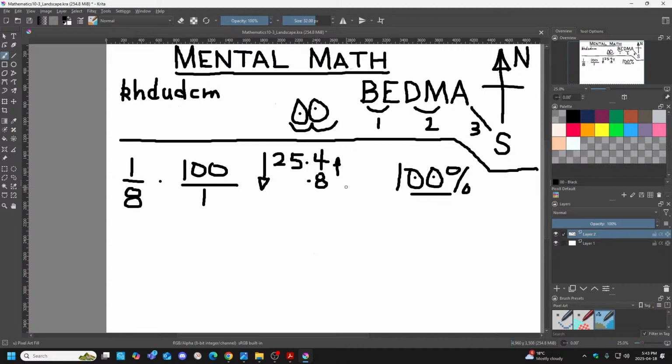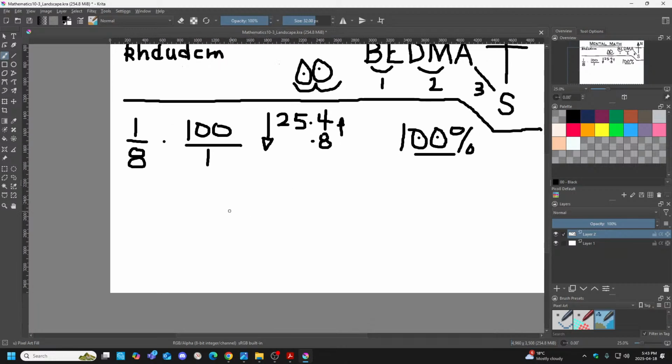Math is kind of like a balancing act. When you have one side equal another side, that's really doing mathematics. Think of this like a teeter-totter, the kids' teeter-totter. It really is.